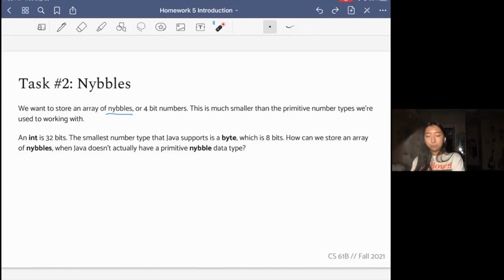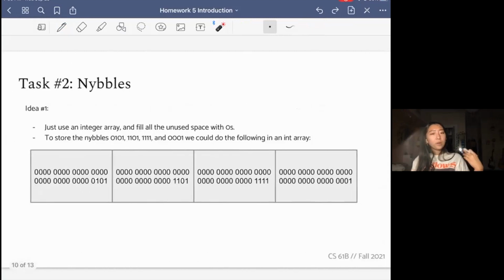So I encourage you to pause the video real quick, think about it maybe, and we can come up with our first naive idea. We'll just use an integer array or something, and we'll fill all the unused space with zeros. So for example, if we wanted to store the nibbles 0101, 1101, 1111, and 0001, we could do the following in an int array.